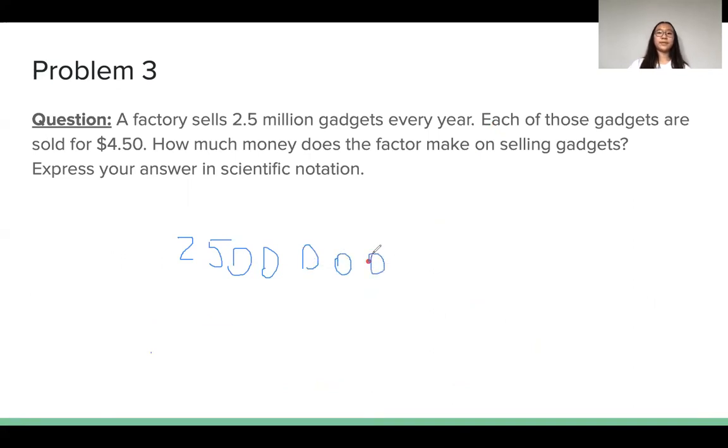And then each of those gadgets cost $4.50. So they multiply 2.5 million by $4.50. And then you have to express your answer in scientific notation. Okay, this one probably, you could do it without the calculator.